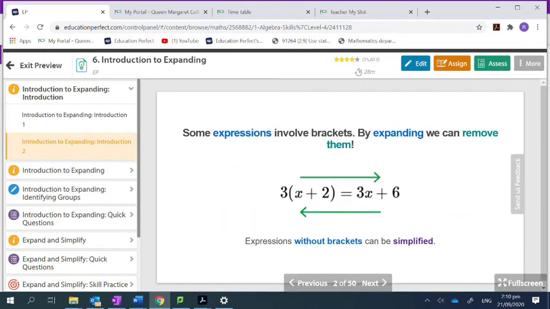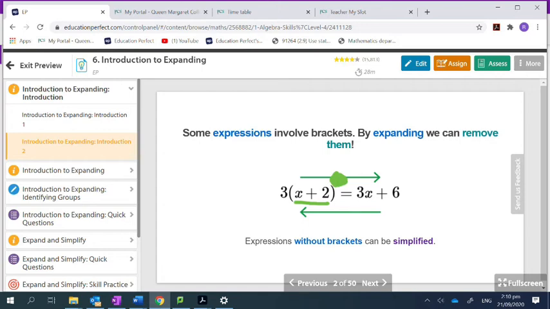So if you look at this, some expressions have brackets, and by expanding them, you can get rid of the bracket. So here we have 3 and then a bracket, x plus 2. First place I look is inside. Can you add an x and a 2? No. Is there an exponent? Not an exponent, right?